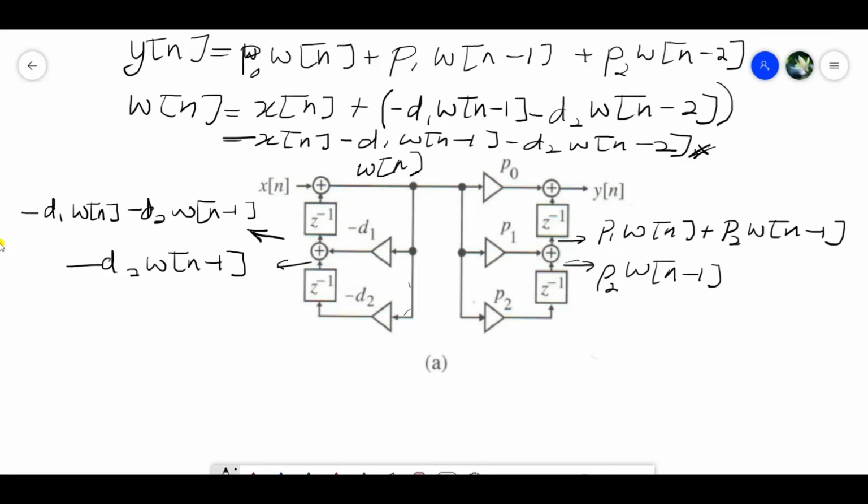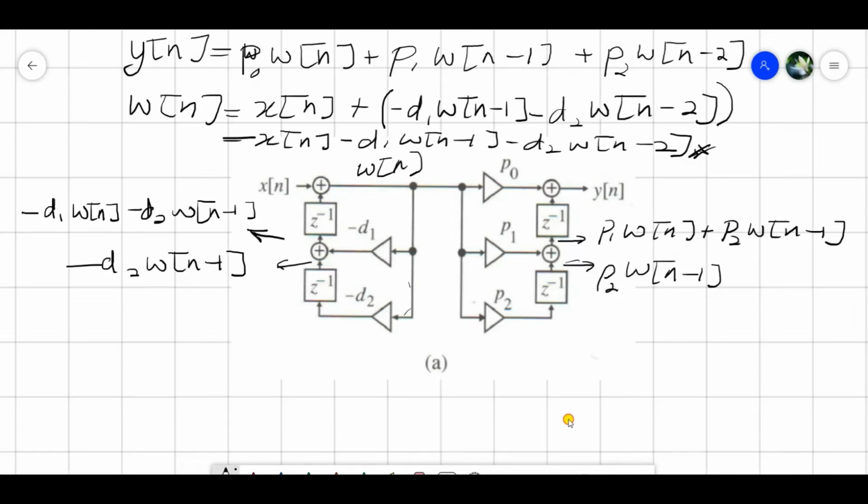Because if you substitute into this equation for yn, you still have the terms in wn, which is not what we want. But basically we now see the relationship between yn and wn. Okay, right, now we look at the last example.